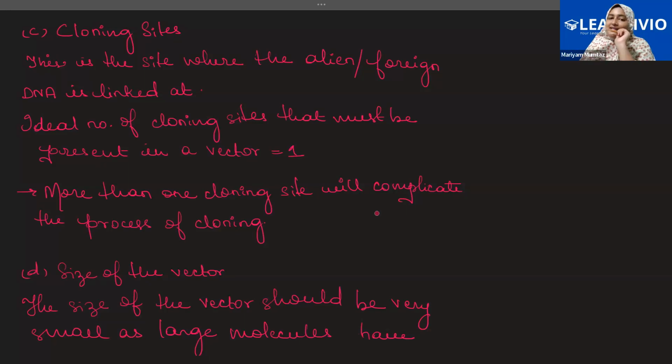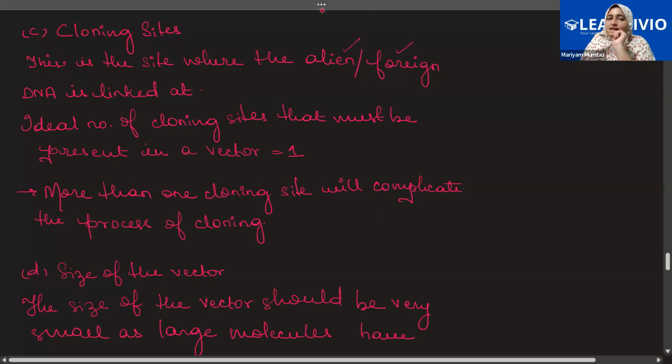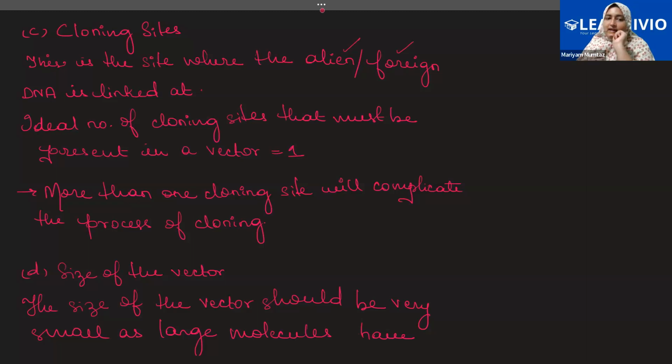So the cloning site is the site where the alien gene or the foreign gene is linked. This is the site wherein you take the gene of interest and you link it. Now the number of cloning sites: one vector can have multiple cloning sites, but that's not ideal.